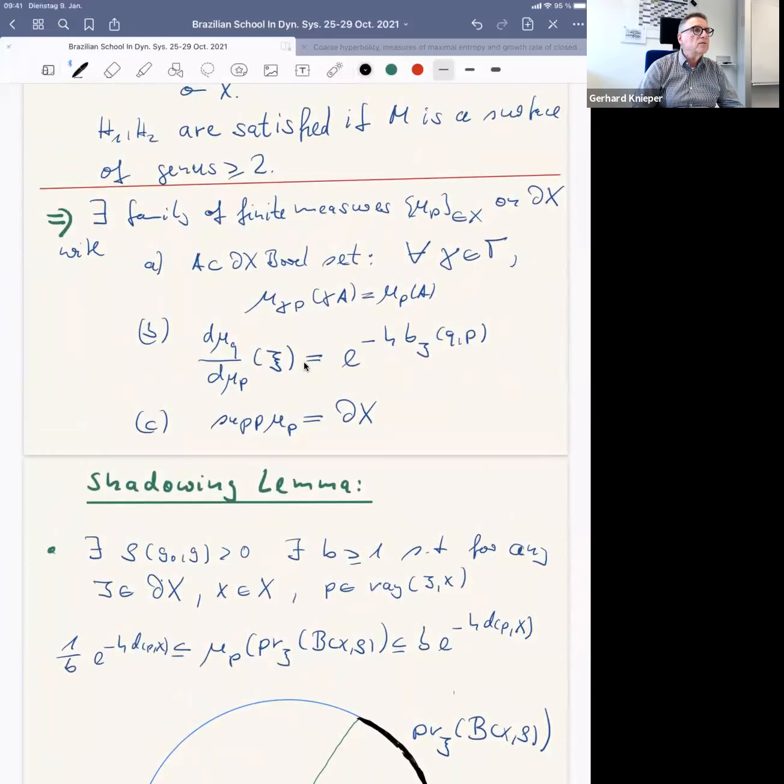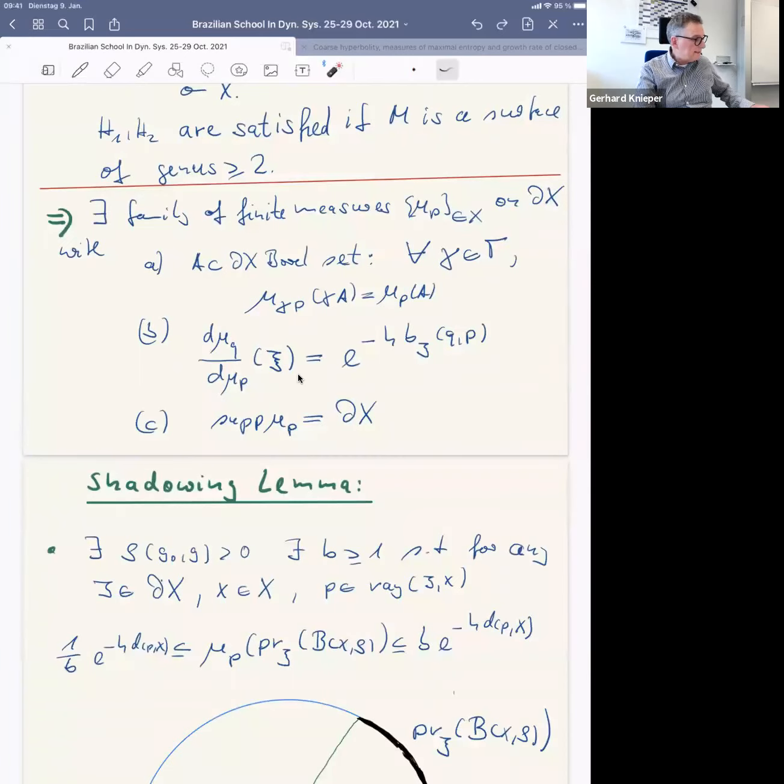If you take such a measure and you move the point p by the group element gamma, then you have the equivariance property that mu of gamma p, of gamma A, is the same as mu of p, of A. That follows more or less from the construction of this measure.